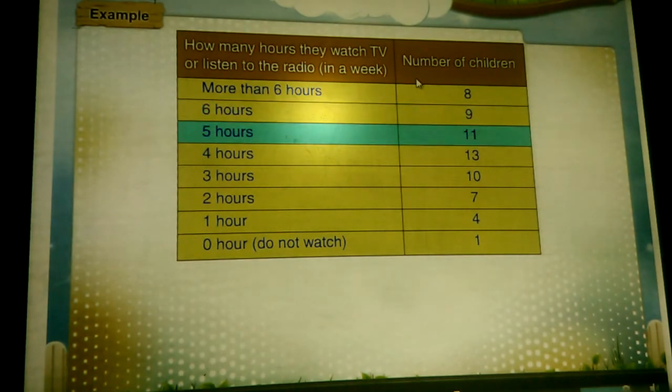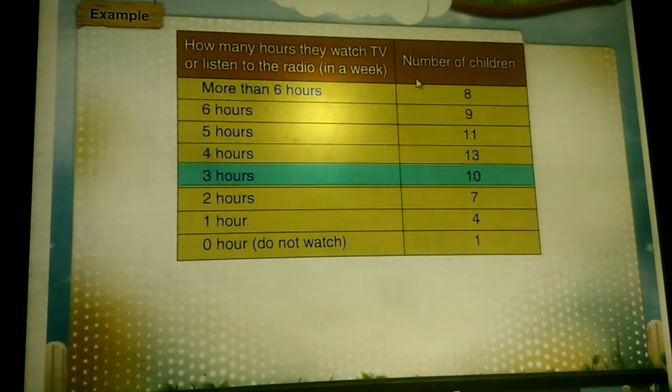For 5 hours in a week is 11. For 4 hours in a week is 13. For 3 hours in a week is 10.